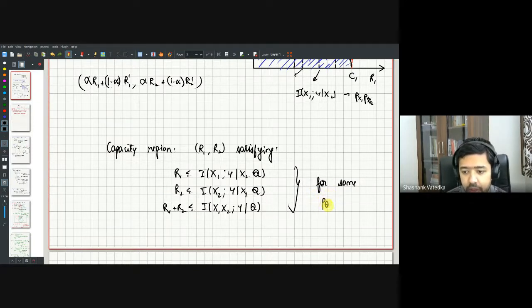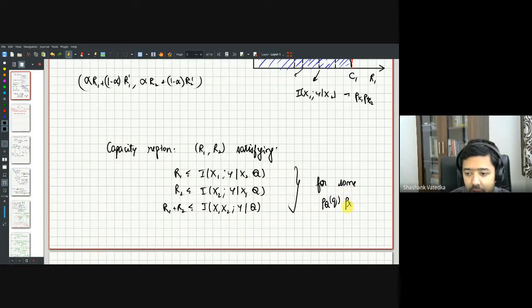So for some P of Q, conditioned on Q, X1 and X2 are independent of each other, right? Because after all, the encoding is done independently, the messages are independent. But Q is the time sharing random variable, so it's some kind of shared information.